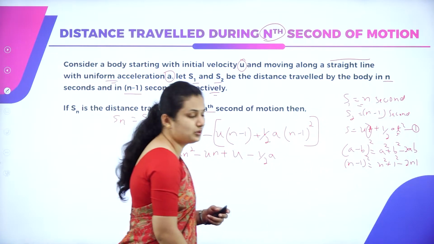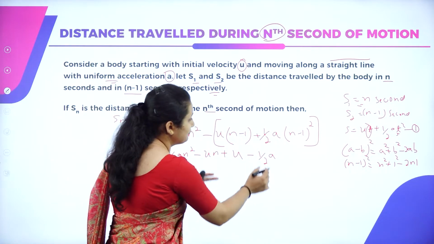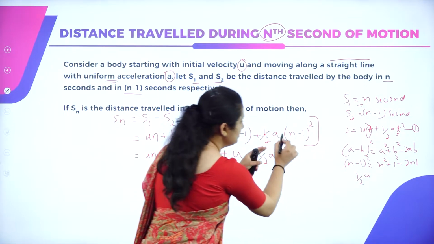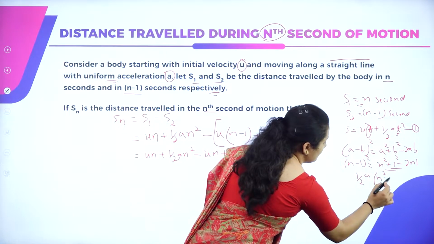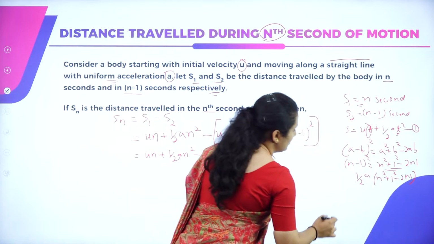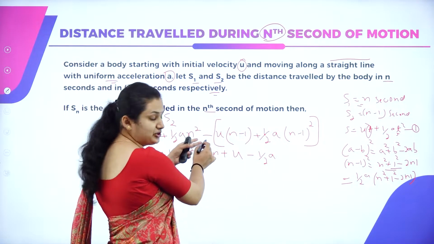So when you substitute that here, you have half a into this term. This term value you got to know, it is n square plus 1 square minus 2n into 1. So you have half a into this, and you have a negative sign as well.